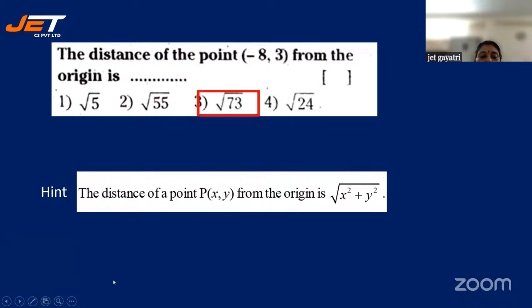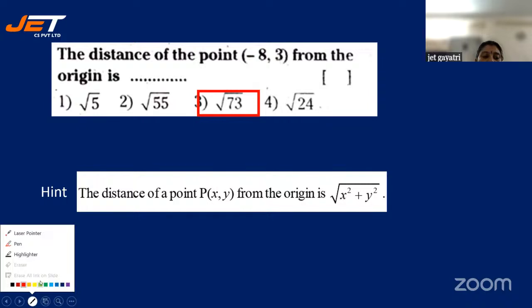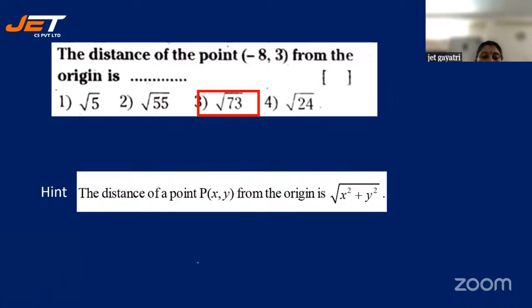Okay, it is root of, 1 second, it is root of 8 square plus 3 square. Okay, so it is 64 plus 9. So it is root of 73. All right. Yes, how many of you have given me this option?